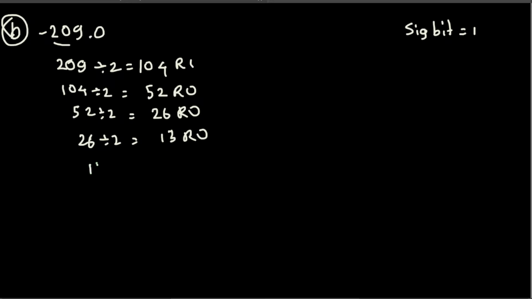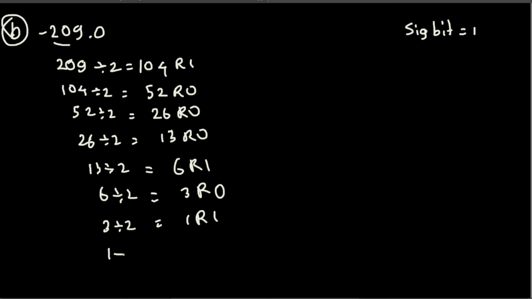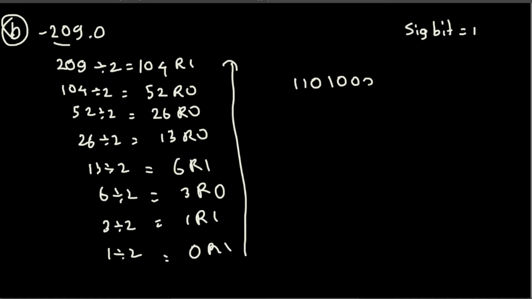And then 13 divided by 2 is 6 and the remainder is 1. And then 6 divided by 2 is 3 and the remainder is 0. 3 divided by 2 is 1 and the remainder is 1, and 1 divided by 2 is 0 and the remainder is 1. We go from bottom to top. So this is going to be 1 1 0 1 0 0 0 1.